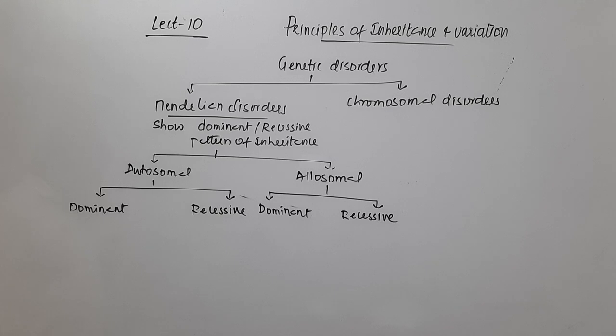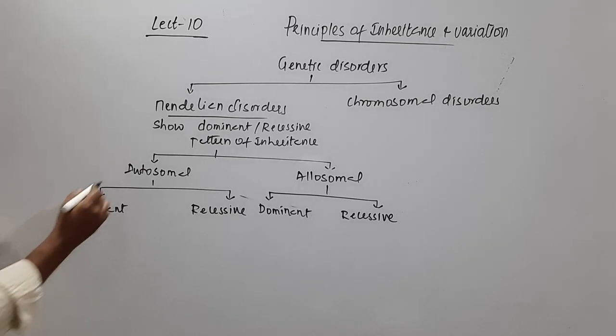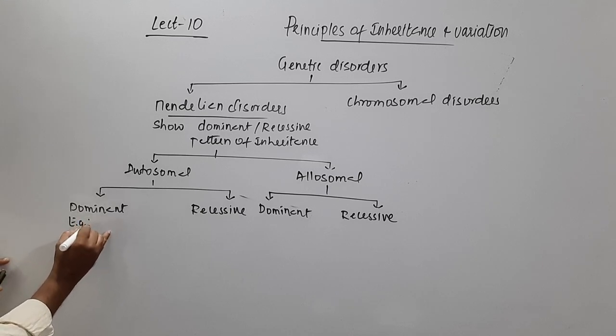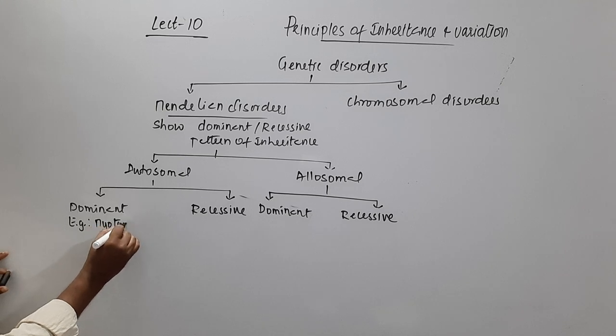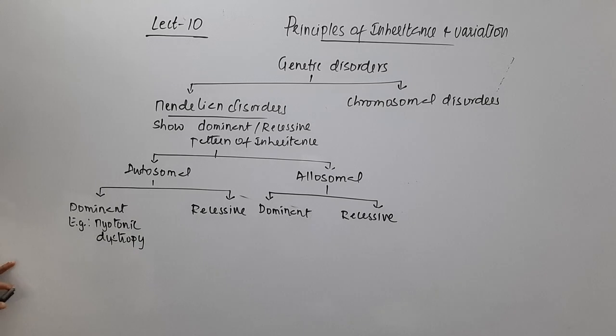Here I'll just mention examples. In this case, we have already seen that the dominant one is myotonic dystrophy, in case of an autosomal dominant trait.